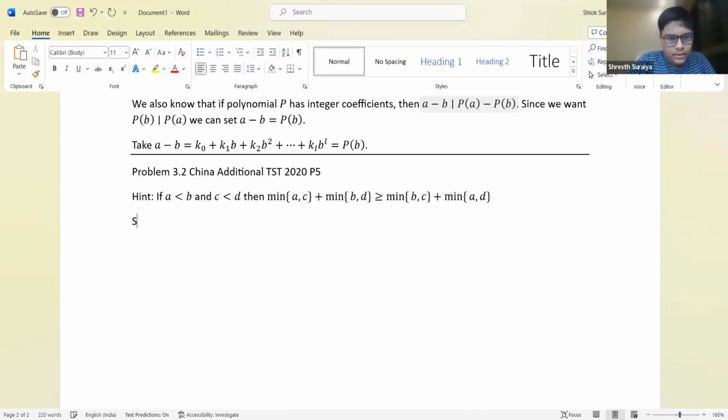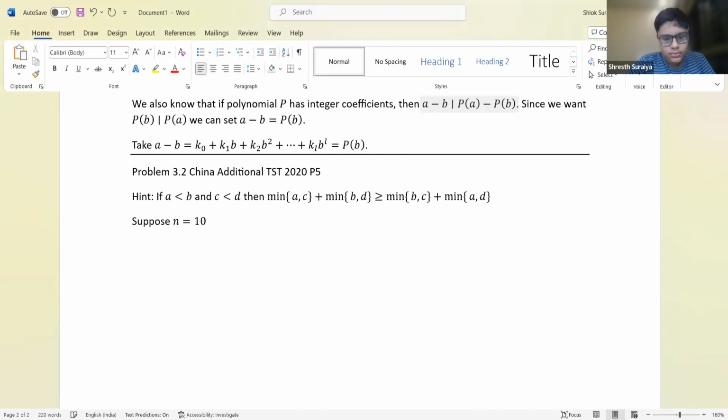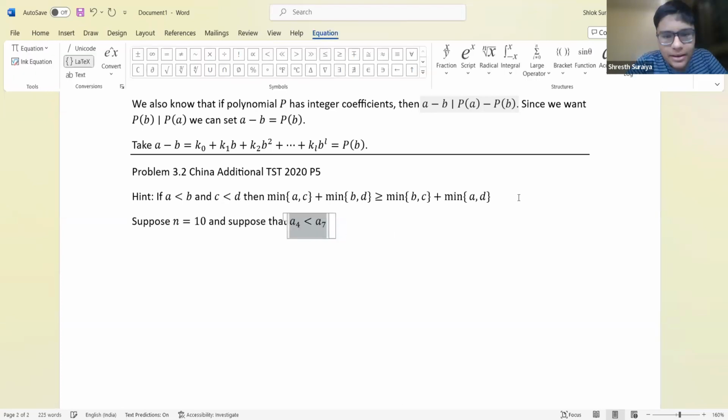For example, suppose n equal to 10, and suppose that A4 is less than A7. Sorry, A4 is greater than, yeah, A4 is less than A7.